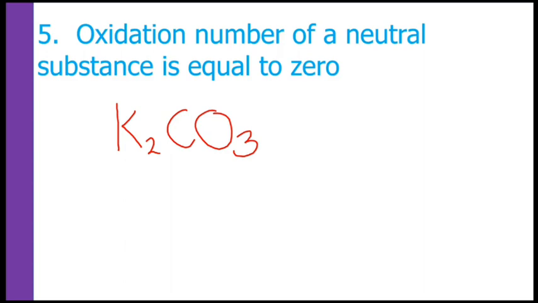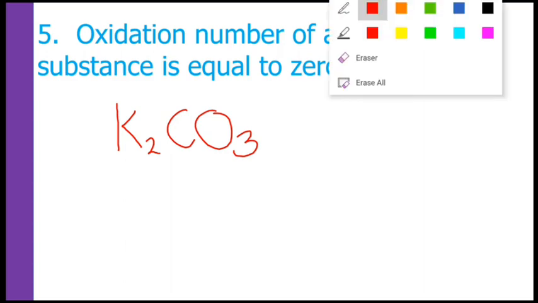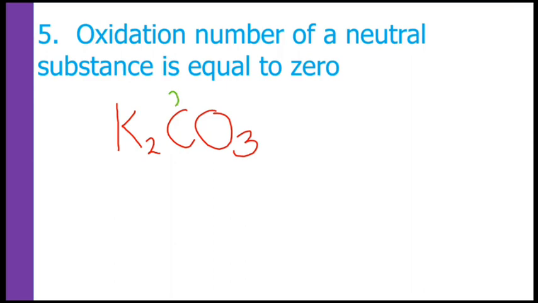Let's say I want to determine the oxidation number of carbon. For potassium and oxygen, it's easy because these are ionic. Generally, when they bond with non-metals, they form ions. So K is generally +1, oxygen is generally -2.